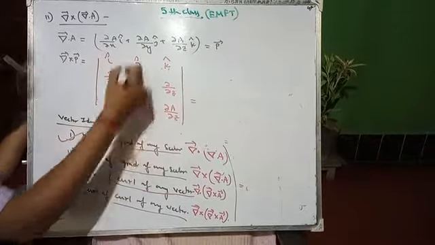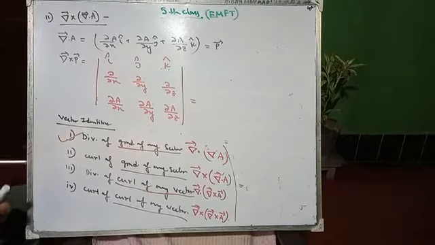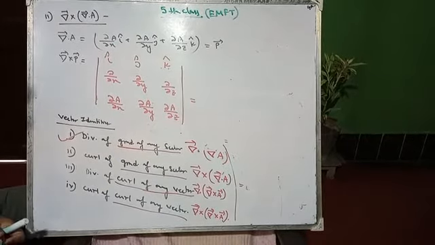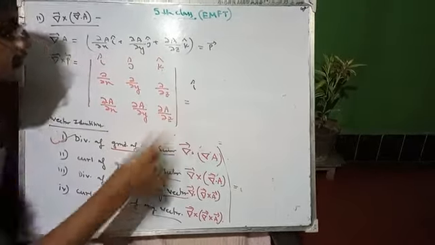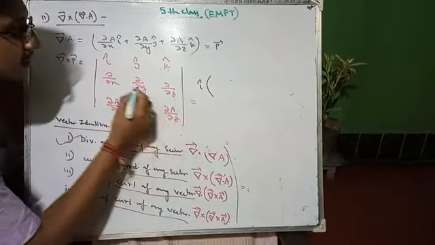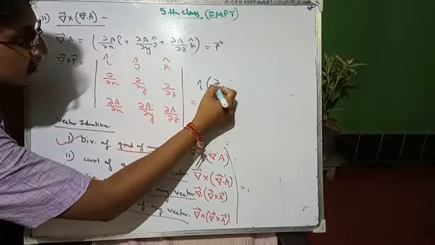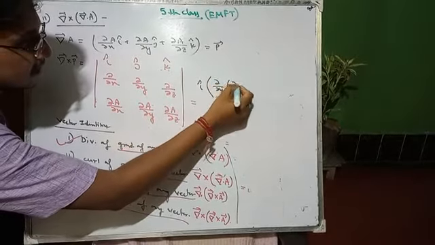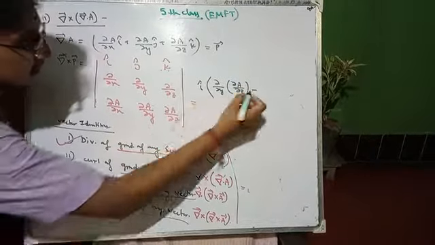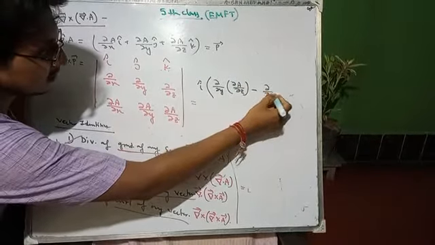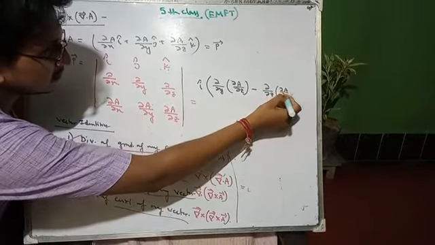So if you multiply this one, what will be the answer? Taking i cap as common: del del y of del a del z, minus del del z of del a del y.